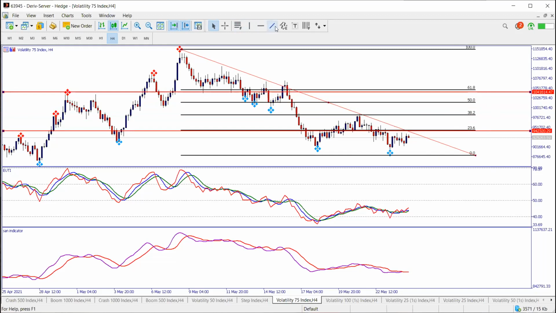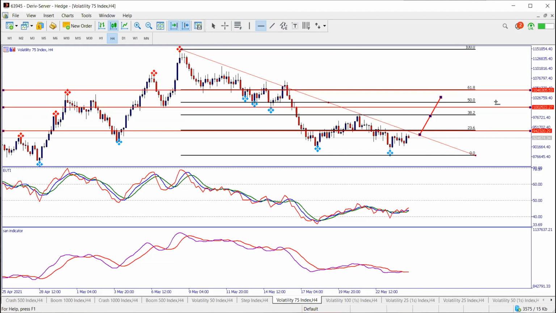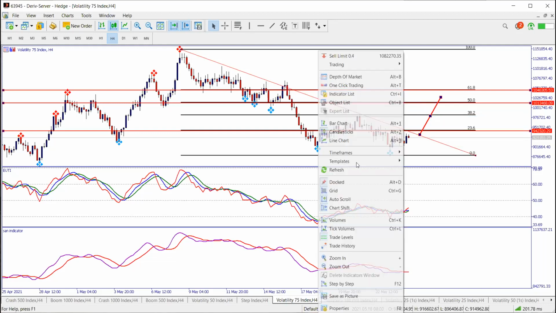So if it buys, then it means we are headed for these two levels. So let us just wait and see how it will behave.